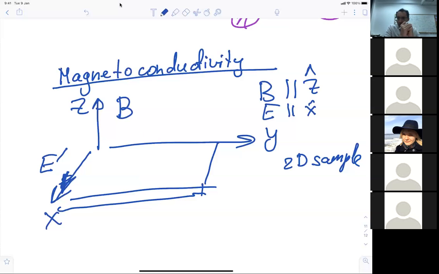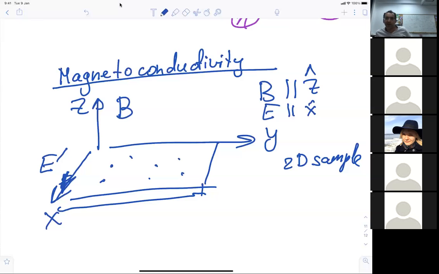Once again, the same story we discuss over and over again. So there is a sample, there are some random impurities in this sample. And now we want to compute electric conductivity, but also account for the magnetic field.